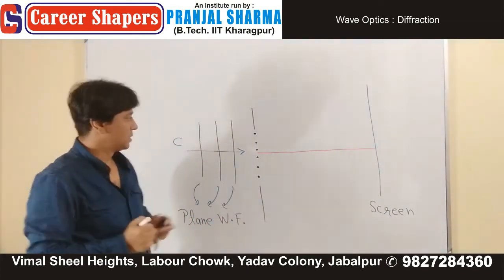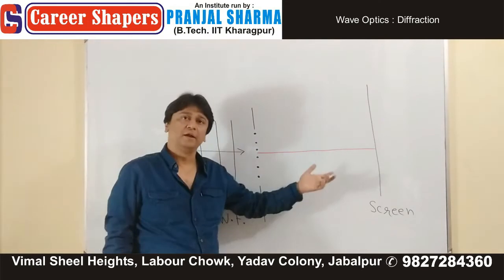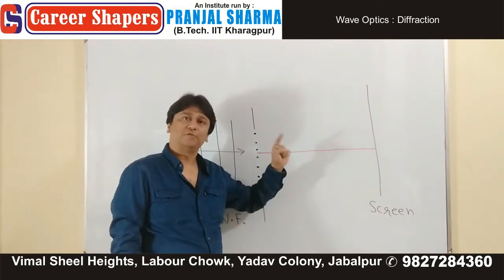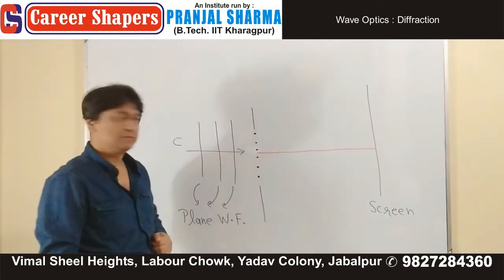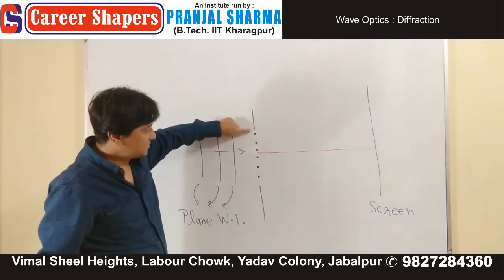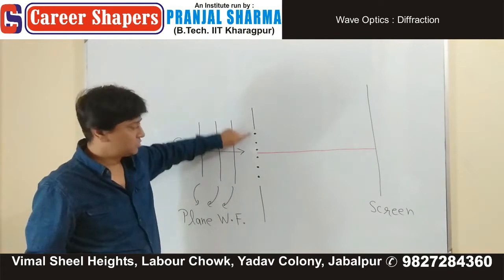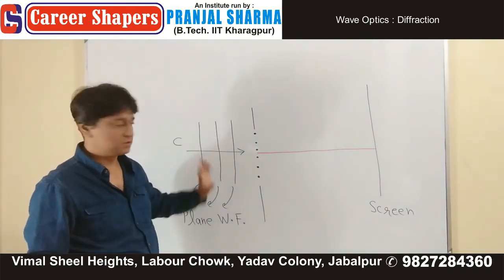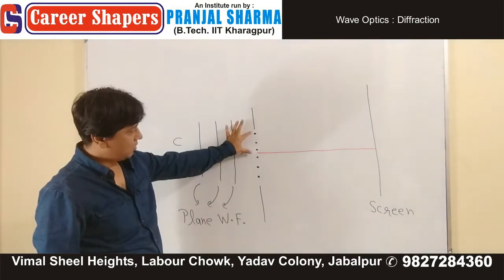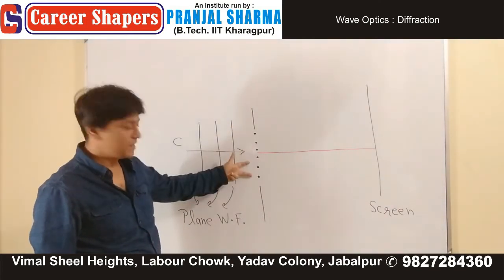Now, how do we find the positions of those maxima and minima, bright fringes and dark fringes? Let's divide all these secondary sources into two partitions, an upper portion and a lower portion.